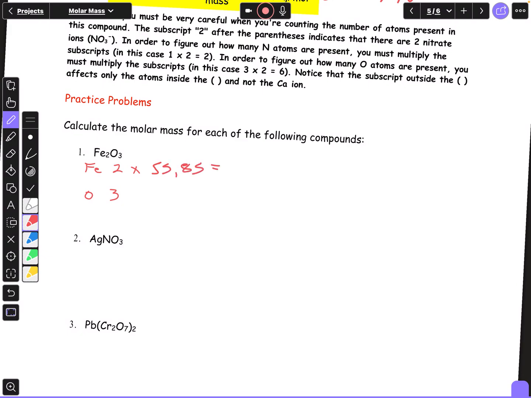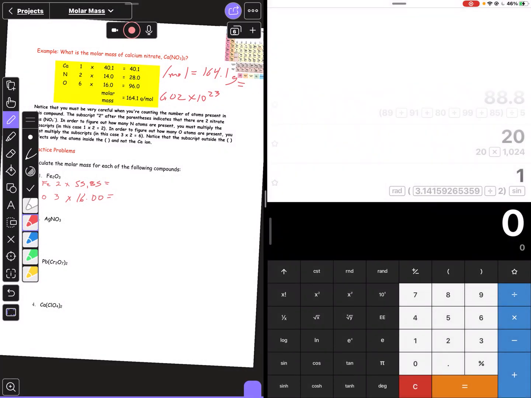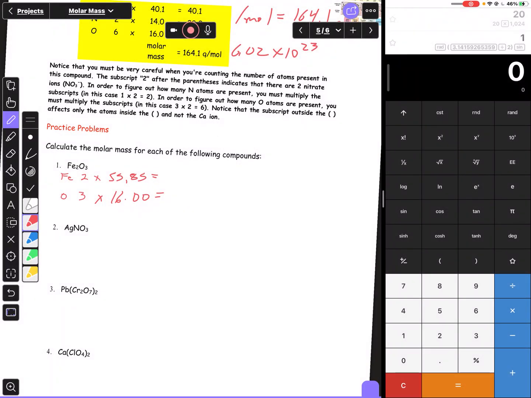And then oxygen, I got 3 of those times its atomic mass, which if you look it up is 16.00. So then I'm going to bring up my calculator. And I do 2 times 55.85 equals 117.7.